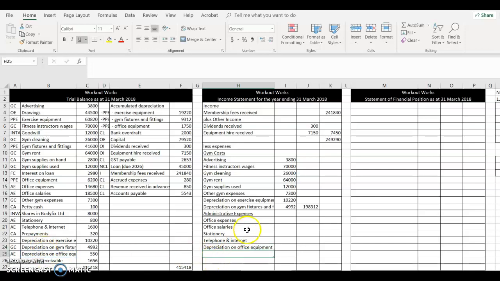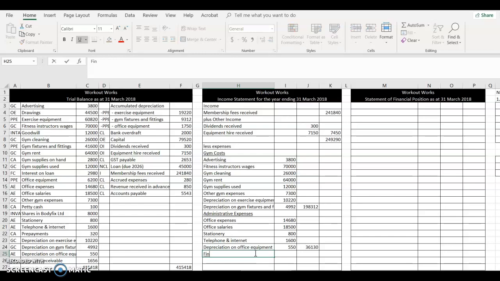So it looks like I've got 5 there: office expenses, office salaries, stationery, telephone, internet, and the depreciation on office equipment. Again, add them up. Press pause if I'm going too fast, catch up, and then press play again.